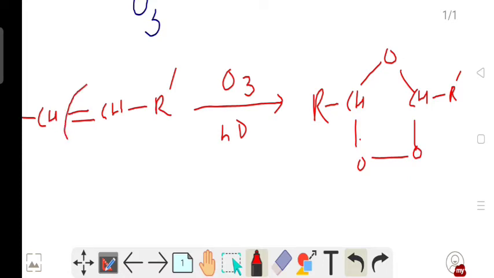Always remember, first break down these 2 bonds and try to write a 5-member cyclic transition state. So this compound is called the ozonide product.